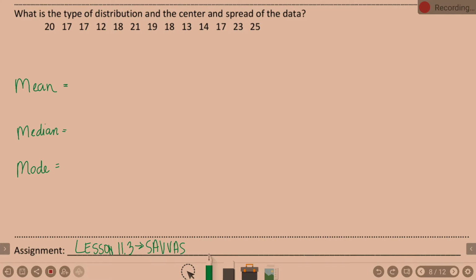To work on the mean. Let me know when you get some numbers we can work with on the mean. We should all be doing something here.